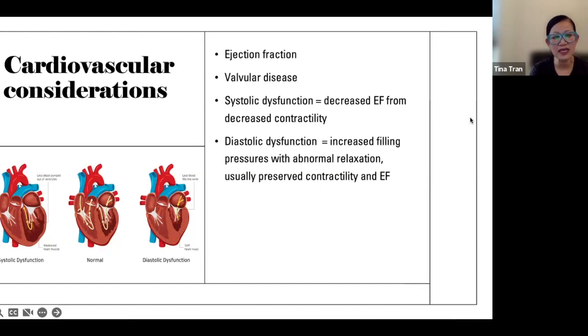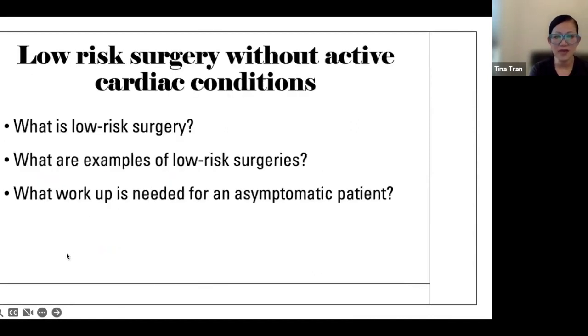Think about a really stiff heart muscle, and usually there's preserved contractility and ejection fraction. So these are all things that you're thinking about, whether the patient tells you about it or you have a suspicion.